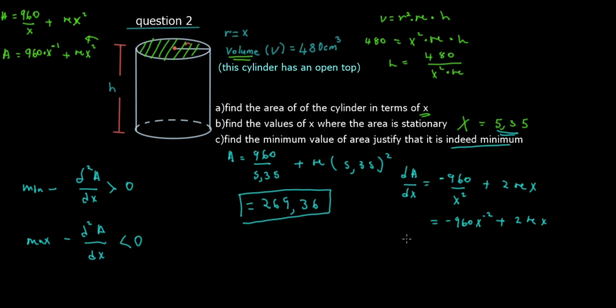So let's prove that the area is indeed minimum by finding the second derivative. As we know the first derivative of the area, let's find the second derivative. Negative 960 multiplied by negative 2 will be 1920 x to the negative 3 plus 2 pi.